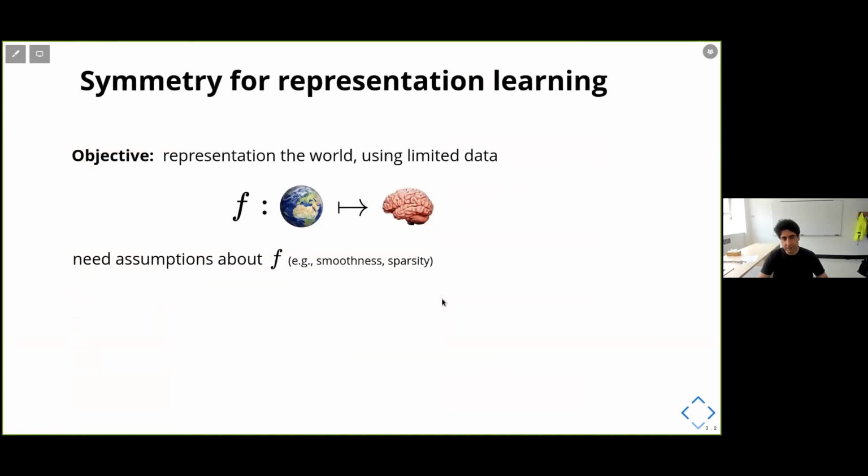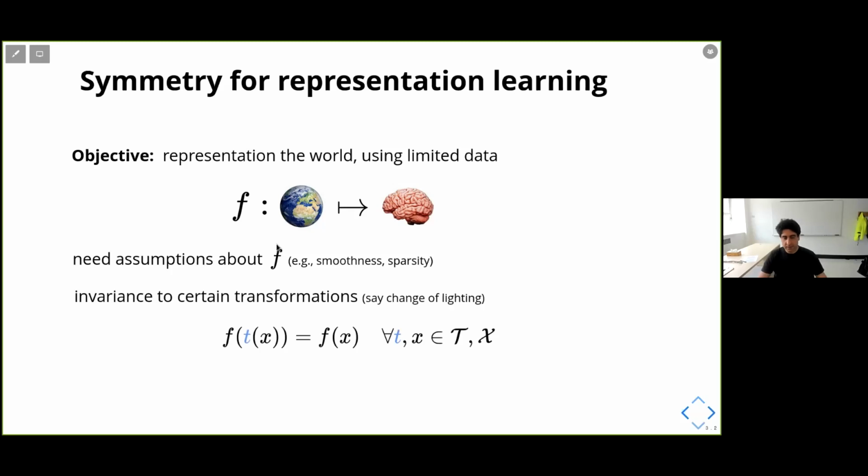In the context of representation learning, we're looking for functions f that map our observations to some representation space. In order to learn this function very quickly using the data, so that we are data efficient and we generalize well, we use some sort of inductive bias.